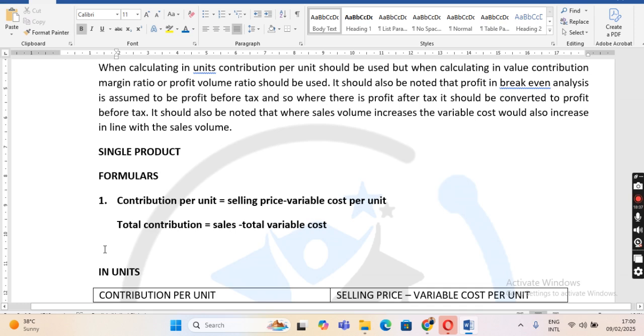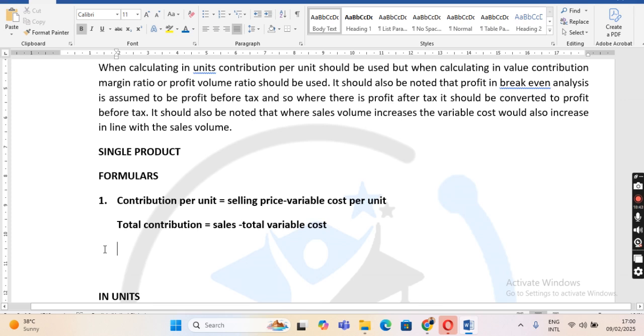Or we can say, okay, let me continue with this. You can say your sales minus your variable cost, that is your total variable cost.